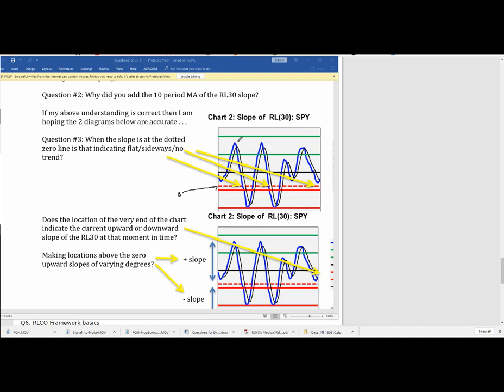The blue line is the slope, and then the black line is a 10-period moving average of slope, its own 10-period moving average. And that just acts as a smoothing function, like a noise barrier. And what you notice is when this thing gets to an extreme and then crosses its own 10, that's a sign that it's going the other way. And then this becomes a signal of a potential swing low or swing high.